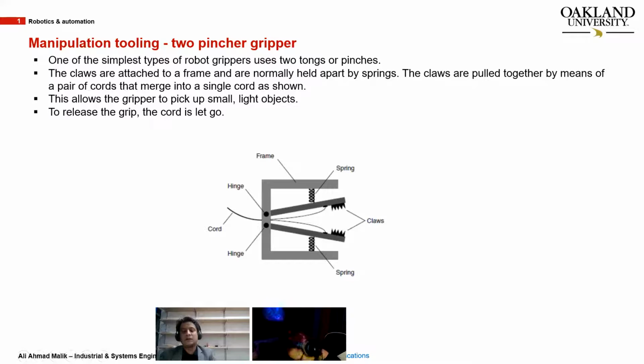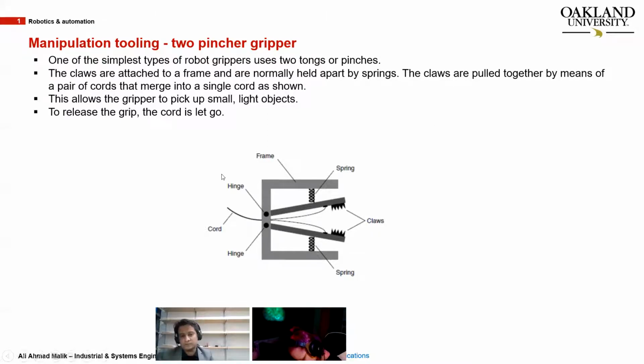This is a very simple type of gripper where you can see that there are two fingers, claws or jaws that can pick the component. Then there is a cord or wire, and if you push or pull the wire, then due to the springs, they grip or release the component.